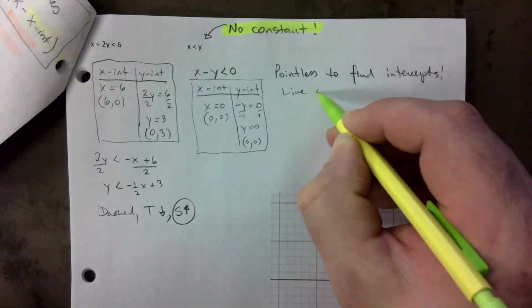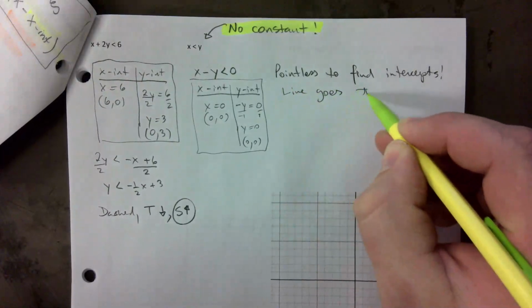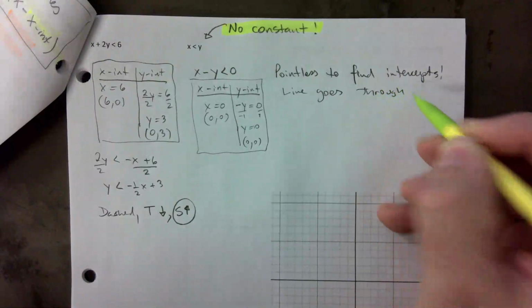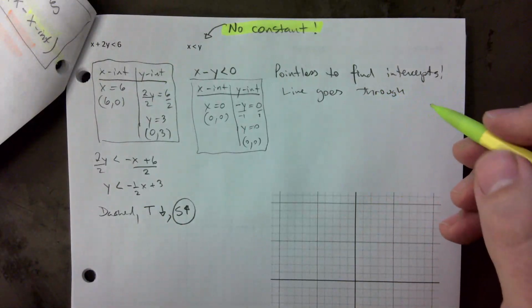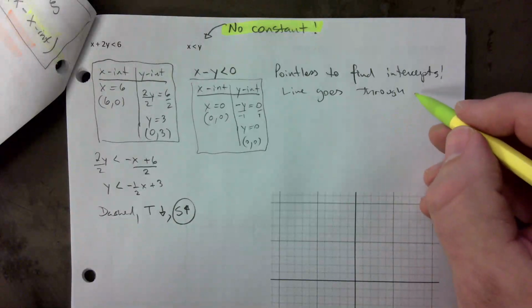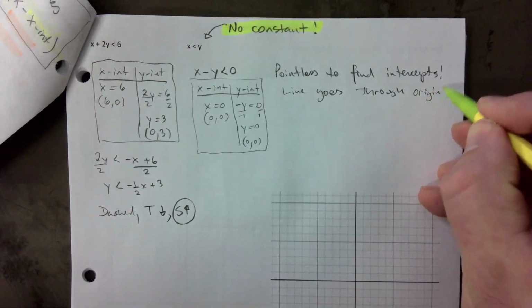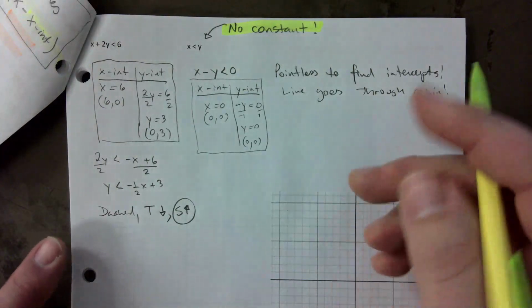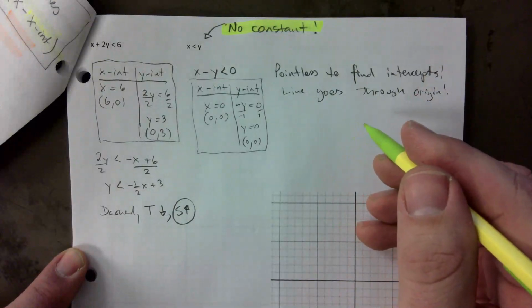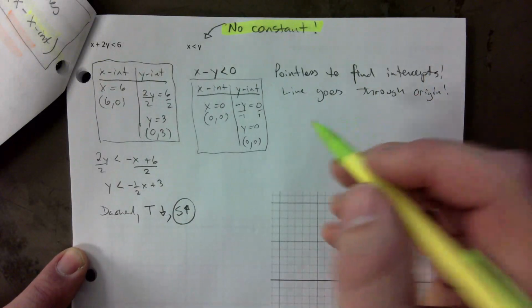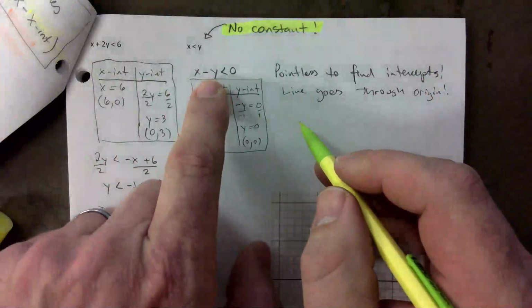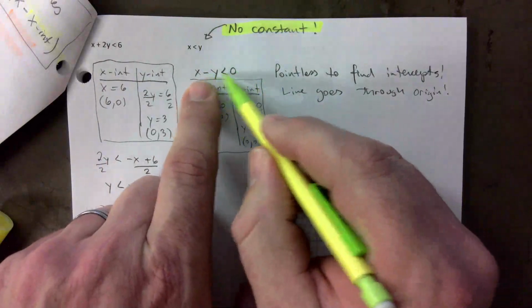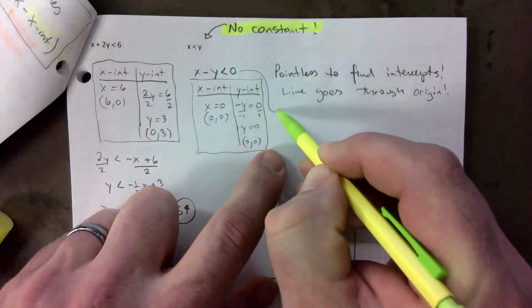The line goes through the origin, and you may have already looked at the key, so this is just repetitive. The line goes through the origin. So what you can do here, by the way, if you have it like this, follow me here.